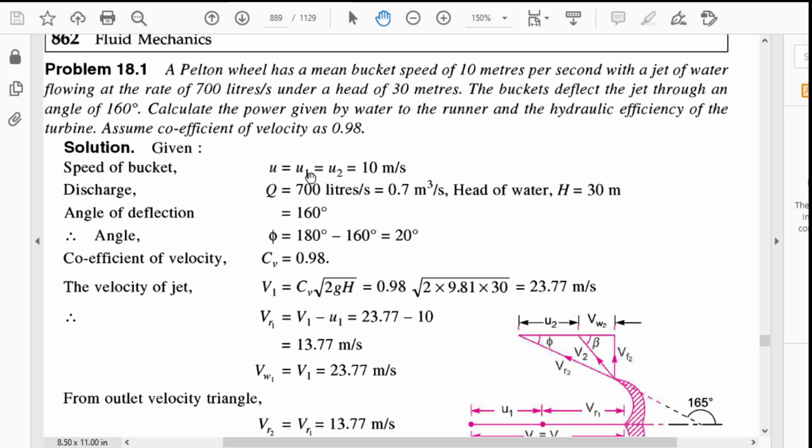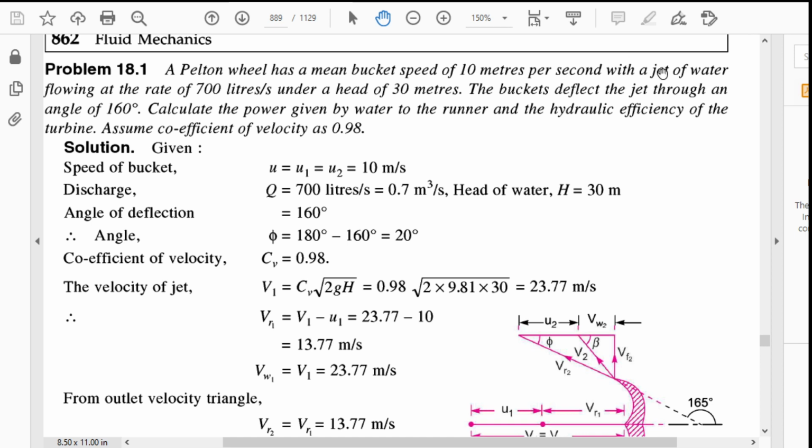There we made the assumption u1 equals to u2 equals to u. So we have used here u equals to u1 equals to u2, which is given as 10 meters per second.